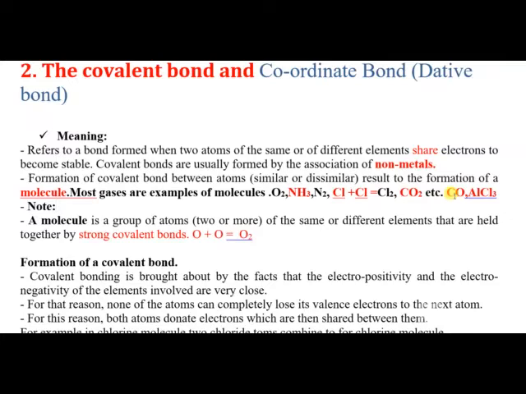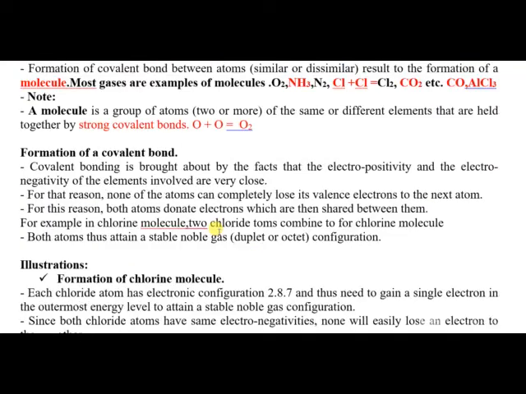And you should know what dative bonding is, as we are going to define. It is a type of covalent bond. So they will share electrons, but at the end, one atom will provide the pair of electrons to be shared. We will talk about that. So with the exception of these, the rest of the non-metals will form covalent bonds, but CO ends with dative bonding.